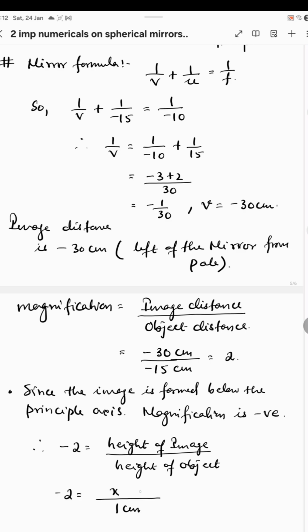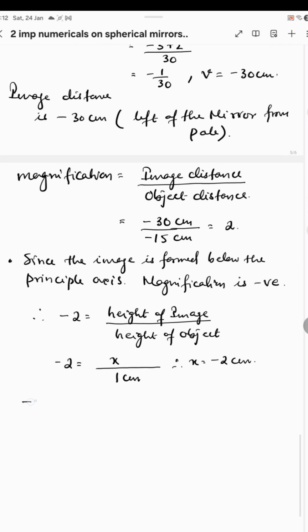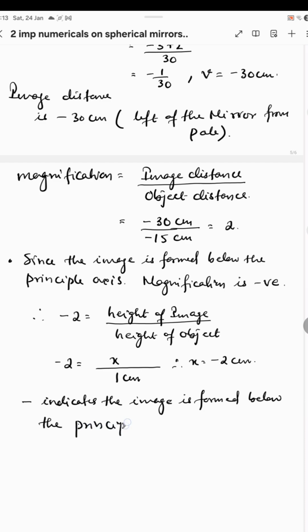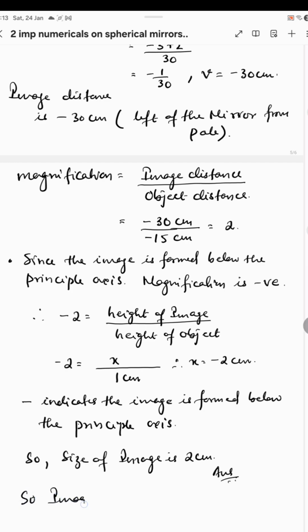So putting the values and equating, we get height of the image as 2 centimeter. And the negative sign indicates that the image is also formed on the left side of the mirror and below the principal axis. So the image formed will be real and inverted.